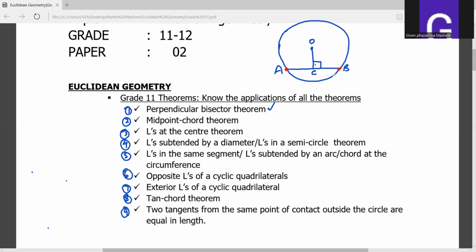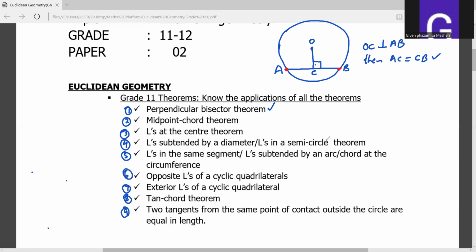That is according to the theorem. And it means that if OC is perpendicular to AB, then AC equals CB. That is according to the perpendicular bisector theorem.